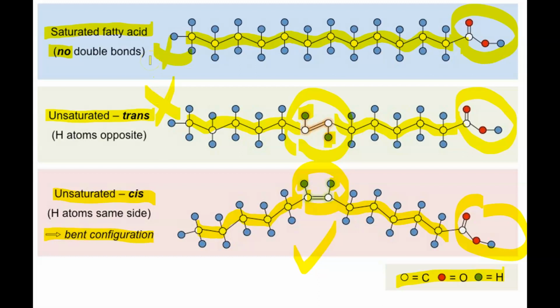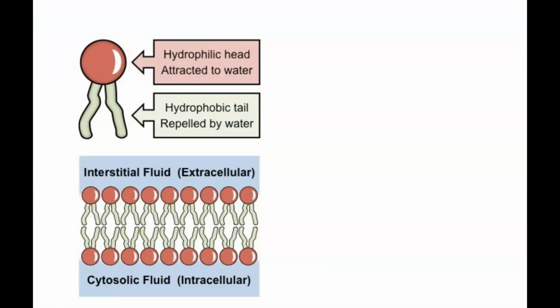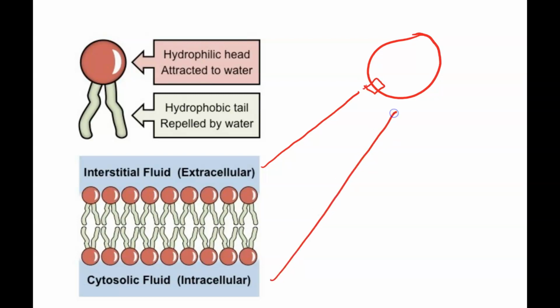All right, so now let's move into the plasma membrane of the cell. Taking a look at the phospholipid bilayer here, we are zooming in. If this is an animal cell right here in this picture, I'm zooming in on this portion right here of the animal cell membrane.